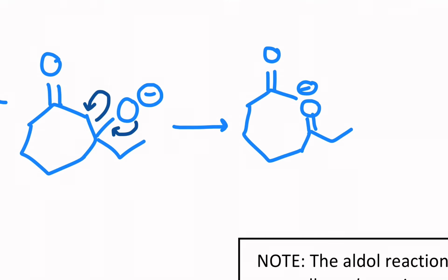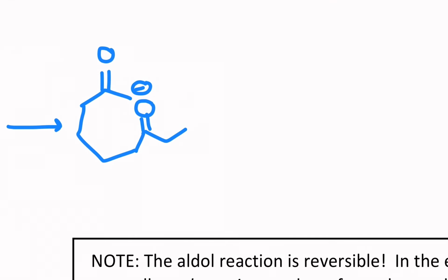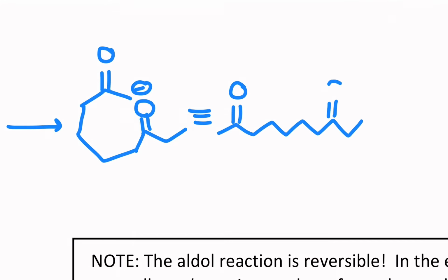And now you have an open ring, 7-membered plus 2 more with that ethyl group, which I'm just going to redraw as a long 9-carbon chain. 2, 4, 6, 8, 9. With 2 ketones and a negative charge all the way out here on the end.